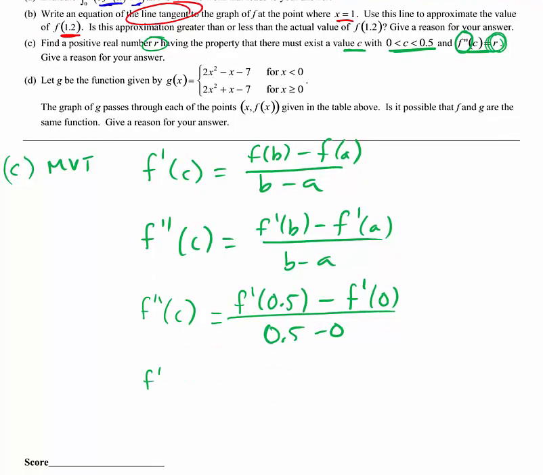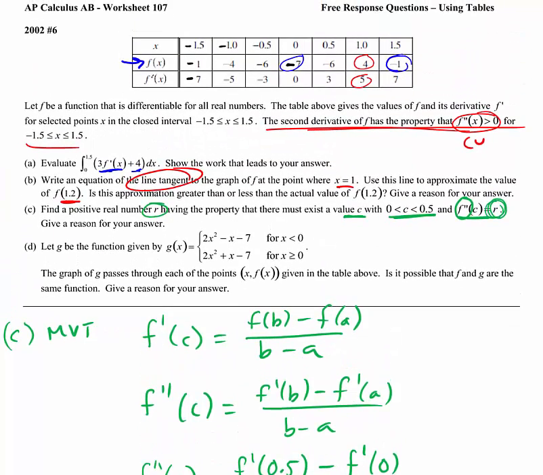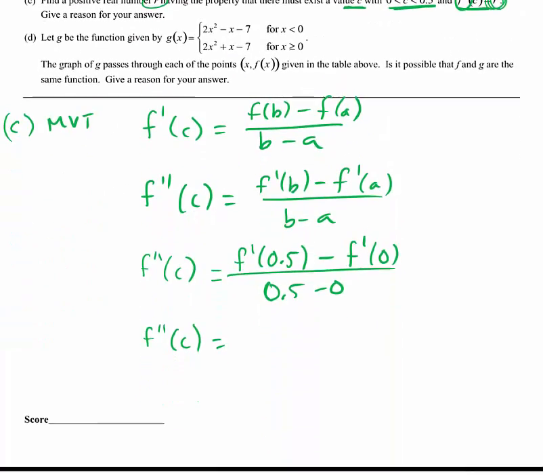So that gives us f double prime of c equals, now f prime of 0.5, this derivative is 3. F prime of 0 is 0, so this is going to be 3 minus 0 over 0.5. And I'm just going to rewrite this now as r because that's what they defined it as. 3 divided by a half is 6.